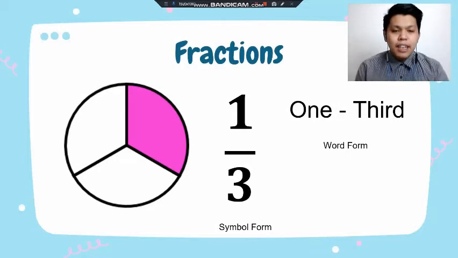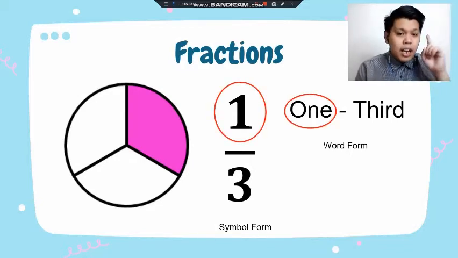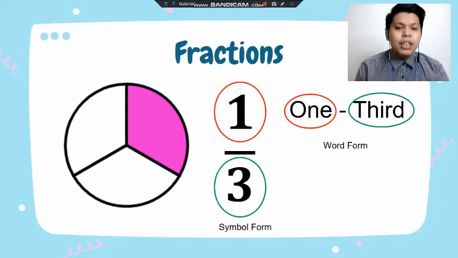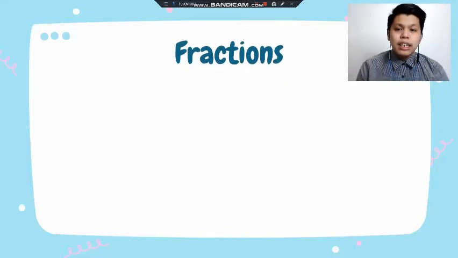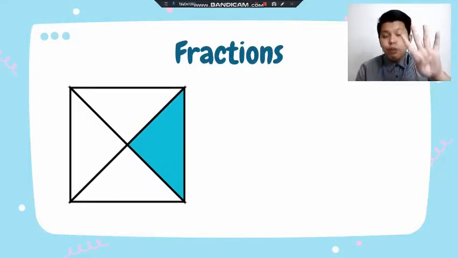Next, let's go with the next one. Again, if you can see, 1, counting number, our numerator, and then ordinal number for our denominator. Next, of course, the next one is dividing it into equal 4.